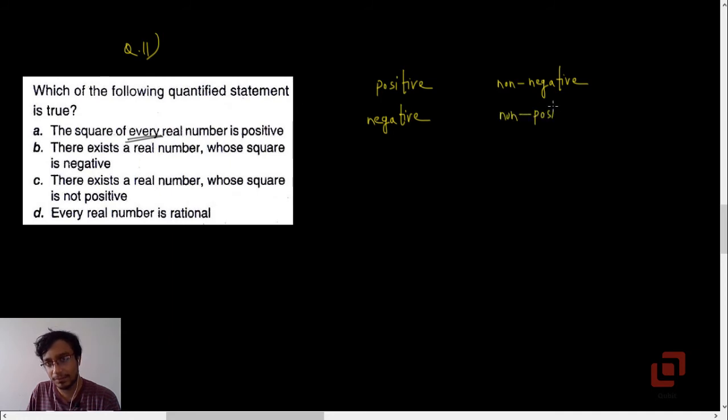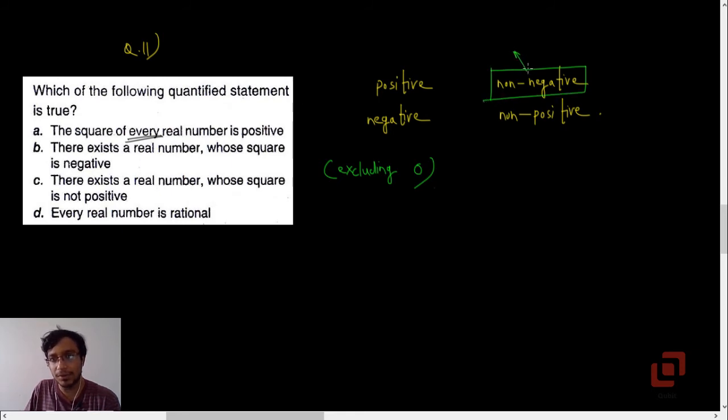When the problem says only positive or only negative, they are excluding 0, because 0 is neither positive nor negative. And when they say non-negative, it considers both possibilities: non-negative includes 0 and all positive real numbers.